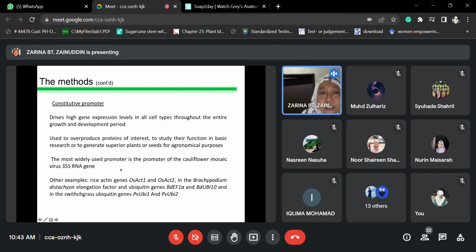So one example of constitutive promoter is a promoter that you obtain from virus 35S RNA gene, cauliflower mosaic virus 35S RNA gene. So dalam cauliflower mosaic virus, dia ada 35S RNA gene.